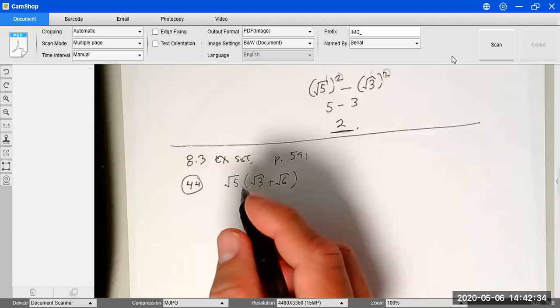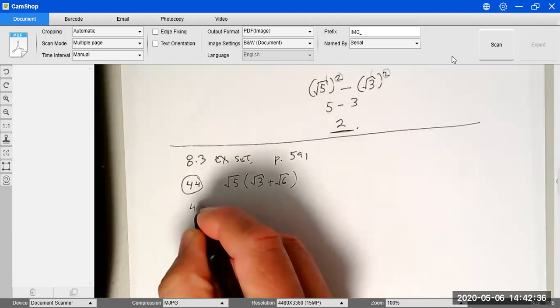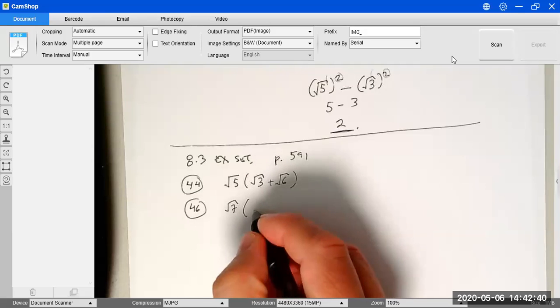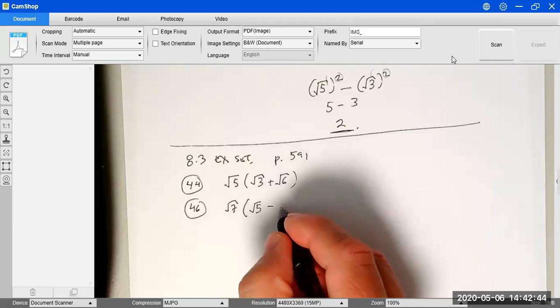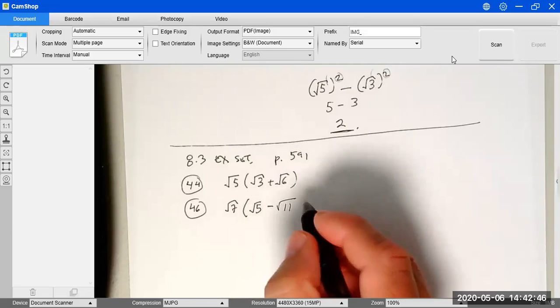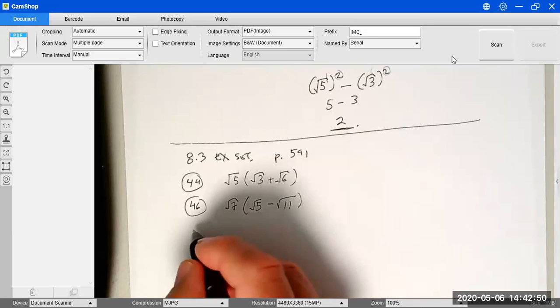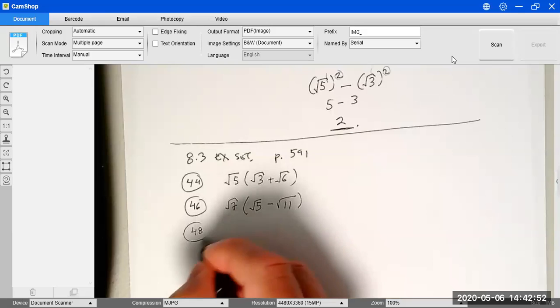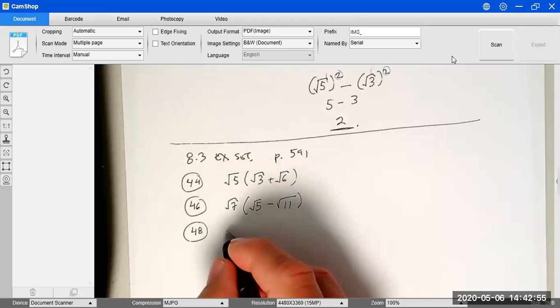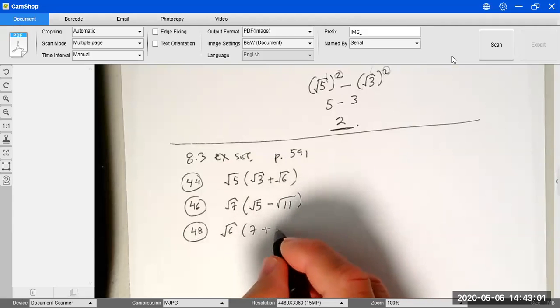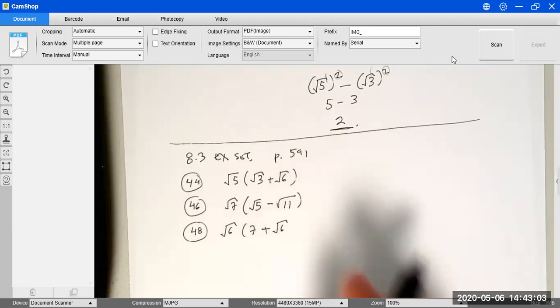Then we have 46, radical 7 multiplying radical 5 minus radical 11. Then we have 48, radical 6 multiplying 7 plus radical 6.